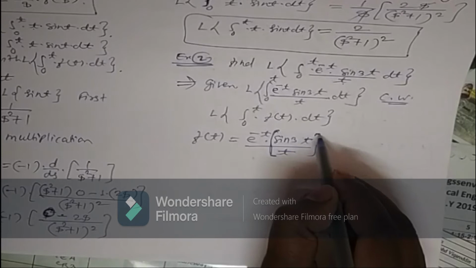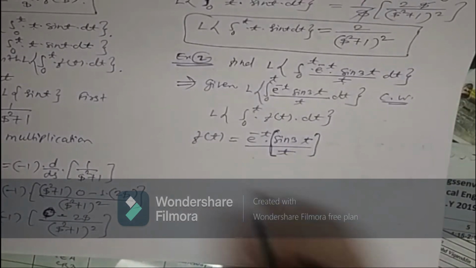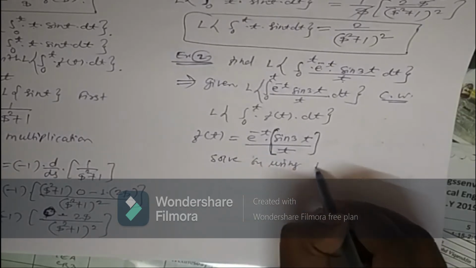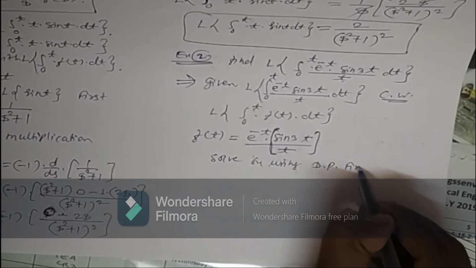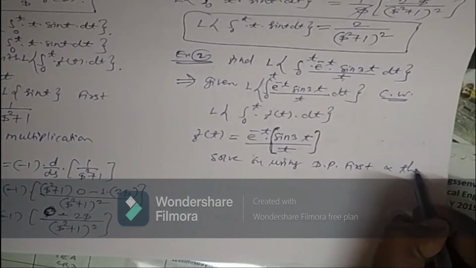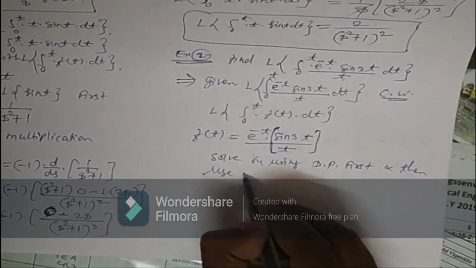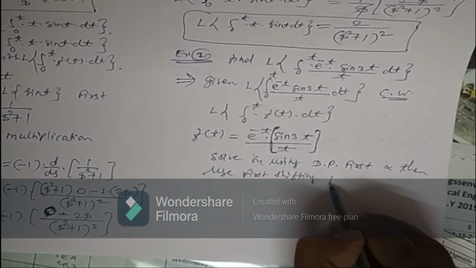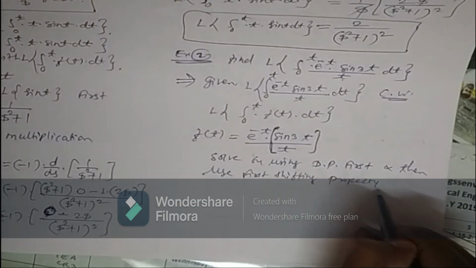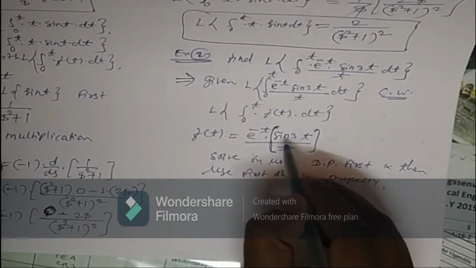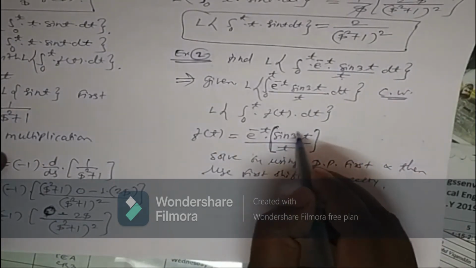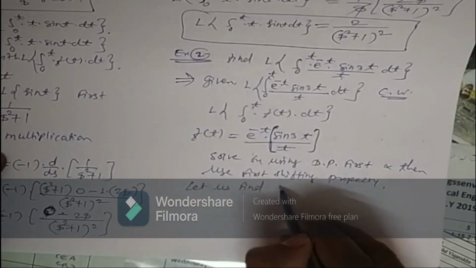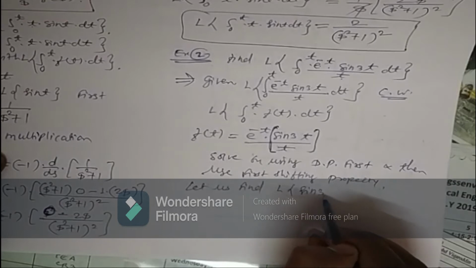So now, solve by using the division property first and then use the first shifting property, isn't it? So for that, to use the division property first, let us find the Laplace transform of sin 3t first.